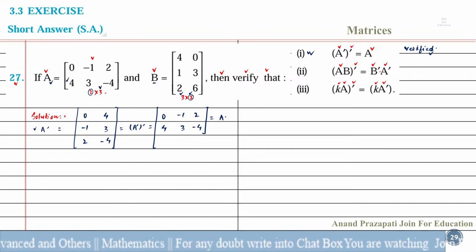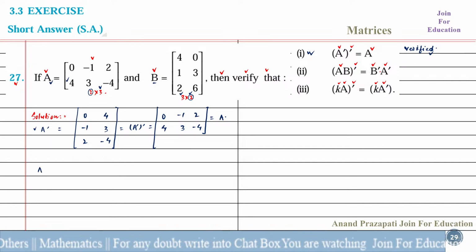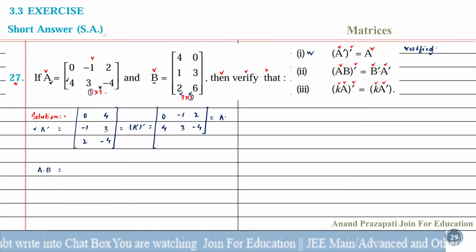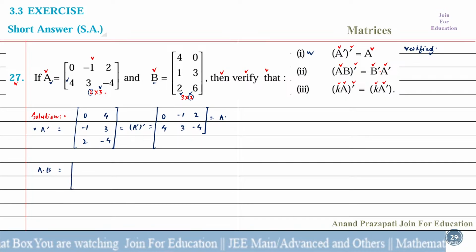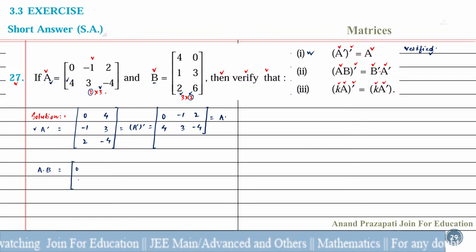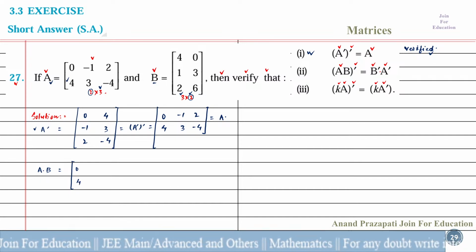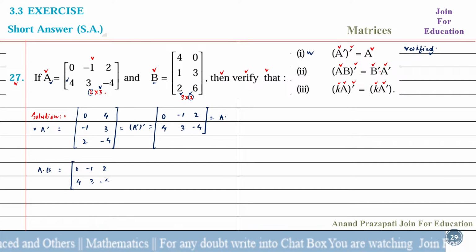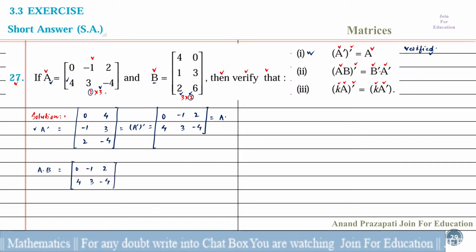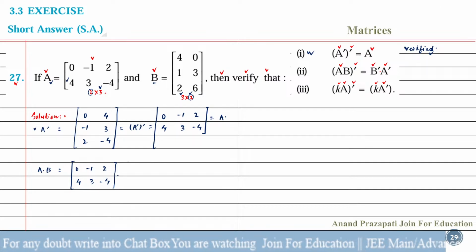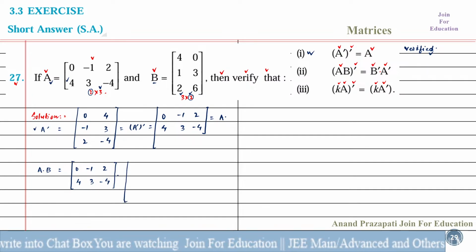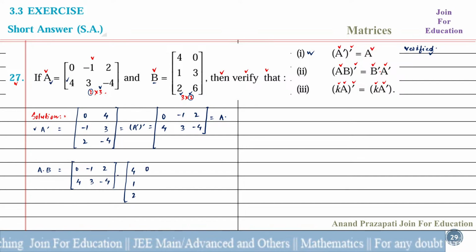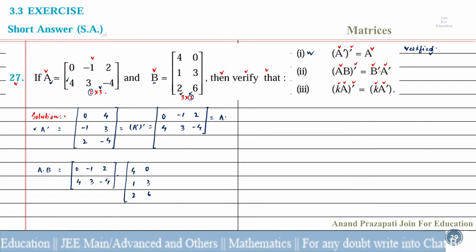So here, A dot B, or the product AB, equals, we write down here 0, 4, minus 1, 3, 2, minus 4 into 4, 1, 2 and 0, 3, 6.